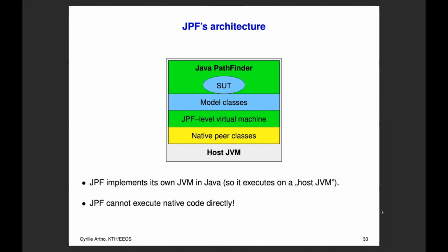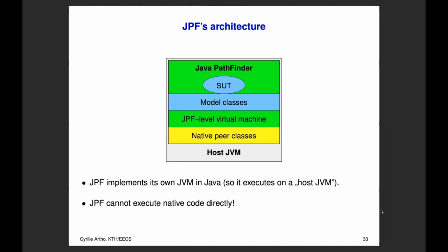So this typically is a good way to do it if the native code is only written for optimization to make something faster. We are using an exponentially expensive technique to explore the state space, so we're not super concerned about making things a little bit faster. We want to be able to see everything. So in that case, model classes can replace native code.